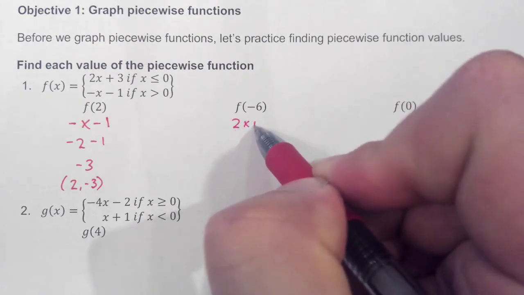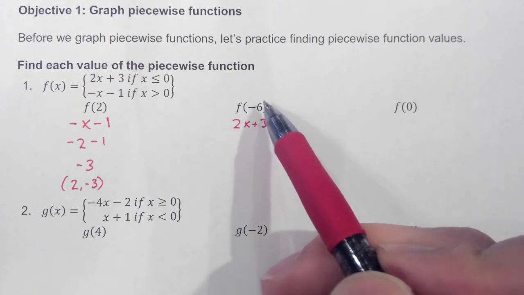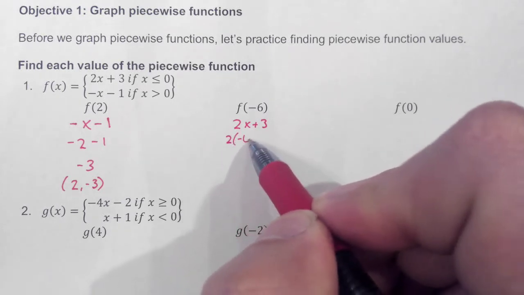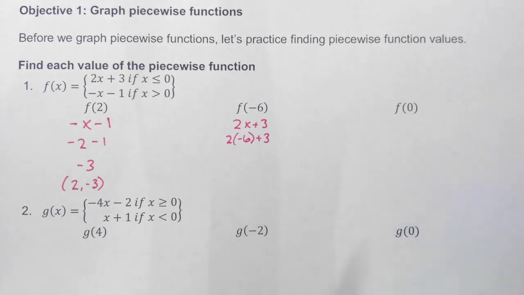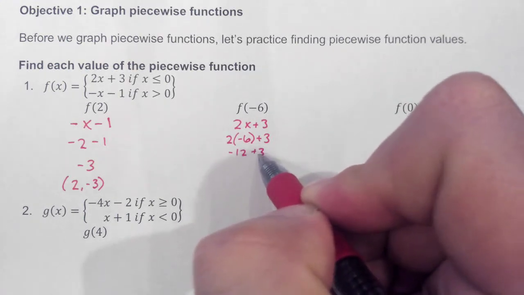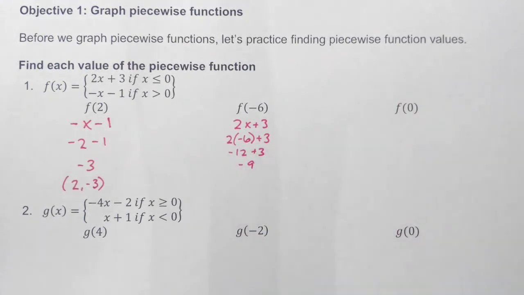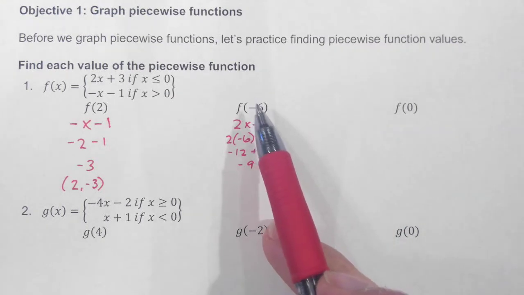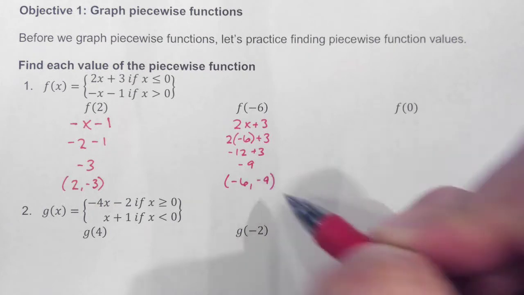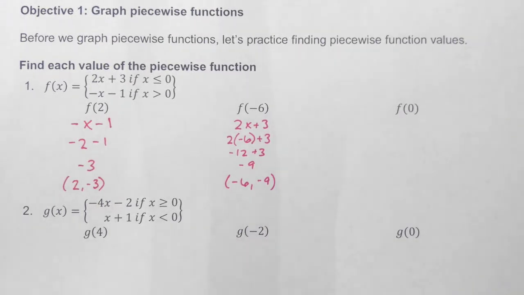So we're going to write down the 2x plus 3, and we're going to plug in the number given to us, which is negative 6. So that's 2 times negative 6 plus 3. Do the math there. You've got negative 12 plus 3, which is negative 9. So when we plugged in negative 6, we got negative 9 as a coordinate. That is negative 6, negative 9.